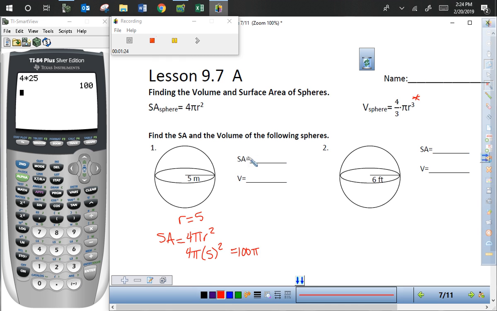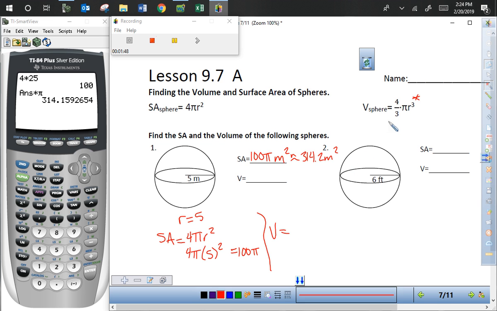Surface area is always units squared, so we've got meters squared here. If we want the decimal version, we just multiply by pi to get 314.2 meters squared.